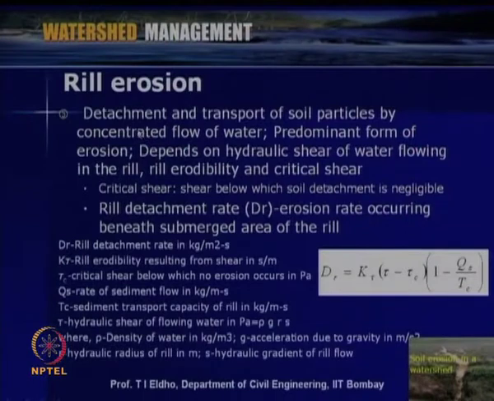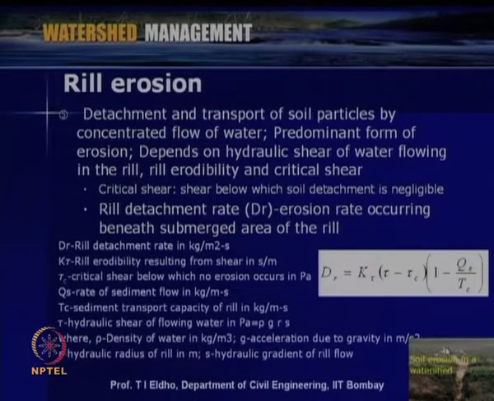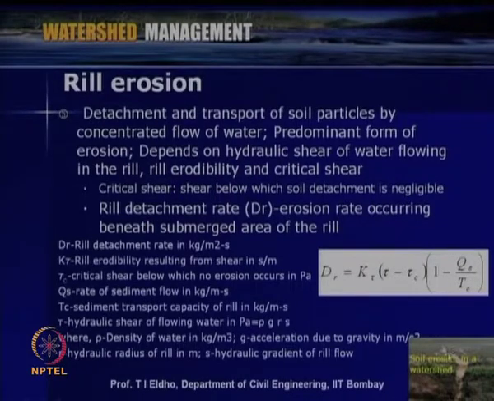Rill erosion means detachment and transport of soil particles by concentrated flow of water. You can see in this figure, this is a watershed. Due to heavy rainfall, water keeps coming from various locations and finally forms small channels, and then concentrated soil particles are detached and transported by concentrated flow of water. This is one of the predominant forms of erosion.